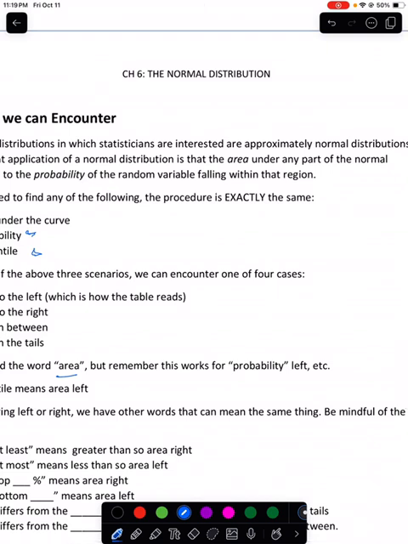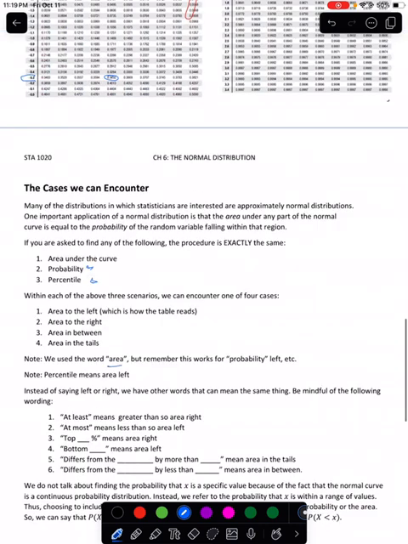Then it means we are looking for area to the left. If we have that find the area or the probability that the random variable is greater than some value, then we have to look for area on the right, and so on. So you have to be careful about the words being used in the problem.